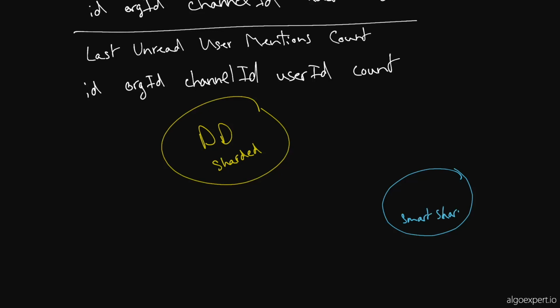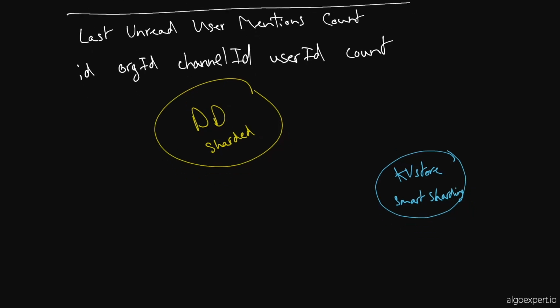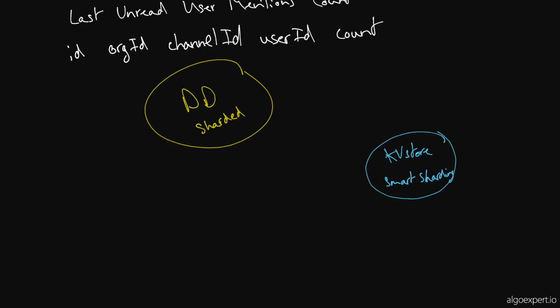And this could be a very highly available key value store like etcd or Zookeeper that maps organization ID to shard, and that way clients know what shards to hit. Actually, not clients, because we would probably have a set of API servers.